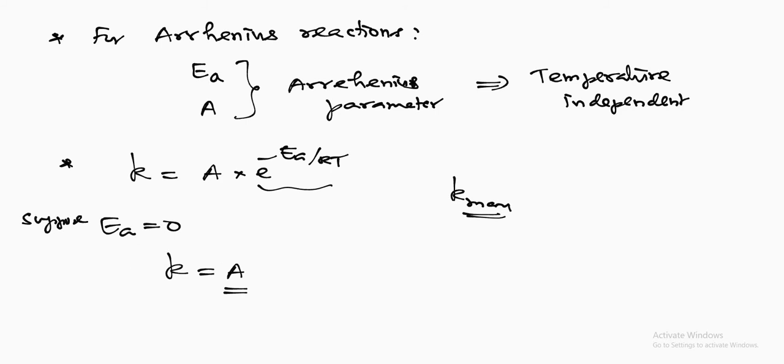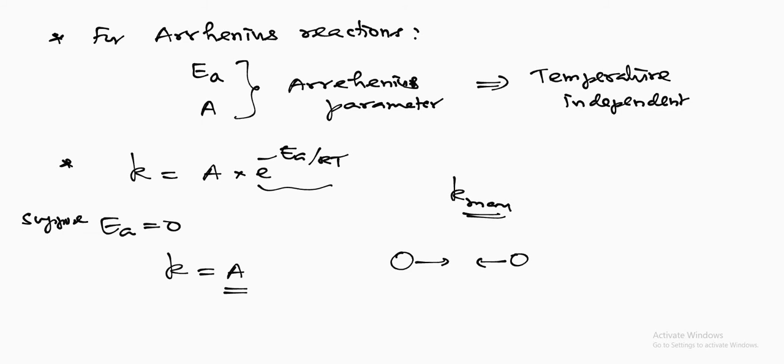What does it indicate? It indicates that all collisions are fruitful collisions. I repeat, listen, any reactant molecules, if they collide, they form product, if the activation energy of the reaction is 0.